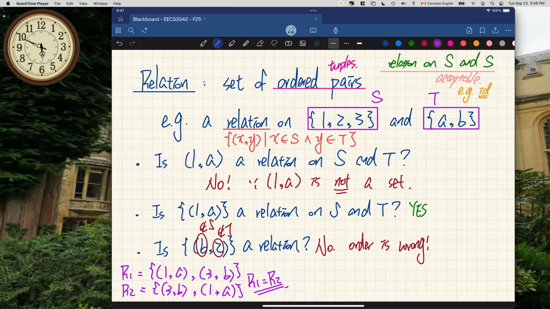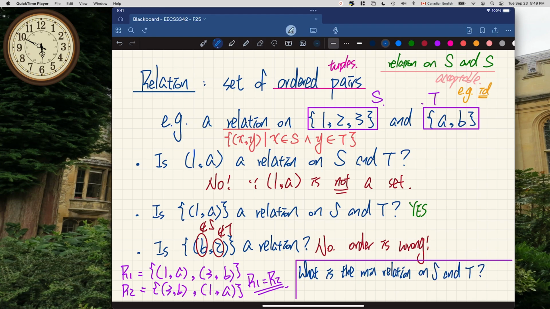Okay, one more check right here. Given that we got S and T, what is the minimum relation on S and T?